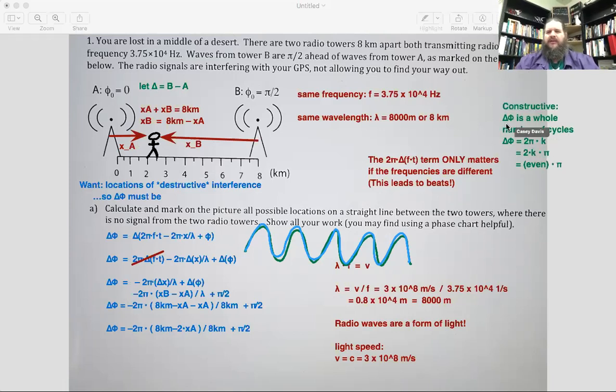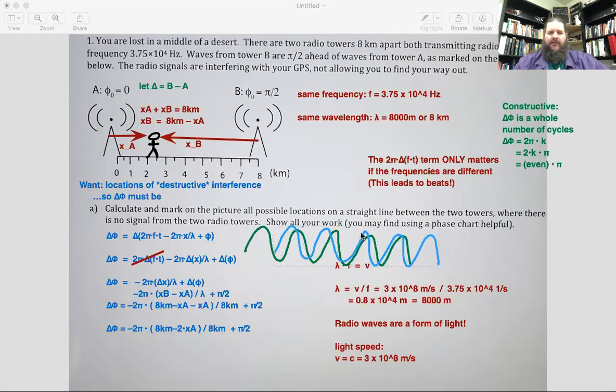In general, if the difference in total phase, which could incorporate a difference in path length and possibly also a difference in phase shift, is an even multiple of pi, like 2 pi, 4 pi, 6 pi, negatives also work: negative 2 pi, negative 4 pi, negative 6 pi. That counts as a whole number of cycles offset, and a whole number of cycles offset still matches up. So that still counts as constructive interference.